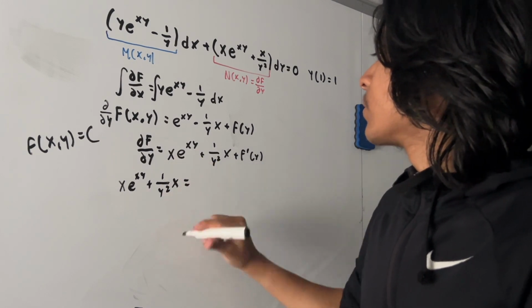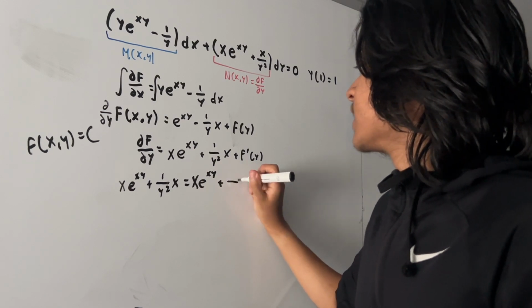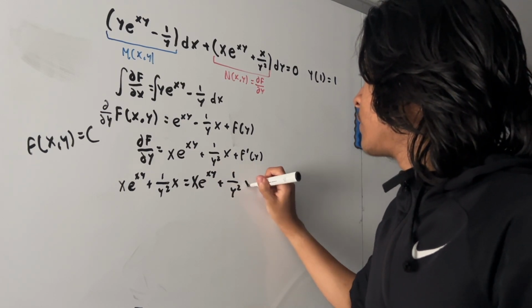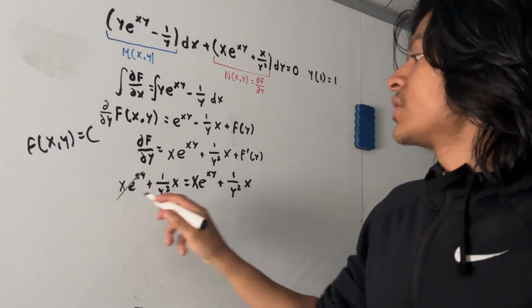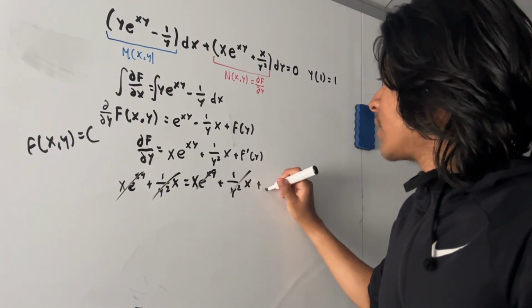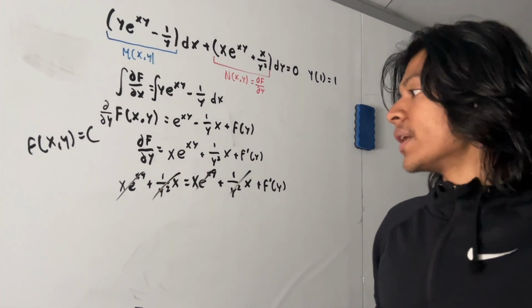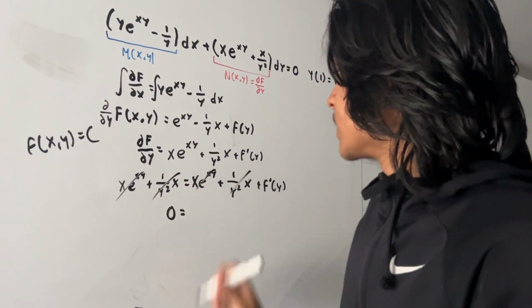And this is just going to be equal to that. And this is really convenient because this term cancels out, this cancels out, that goes away, and that goes away. And we also have our f prime of y. So our f prime of y is going to be equal to 0.